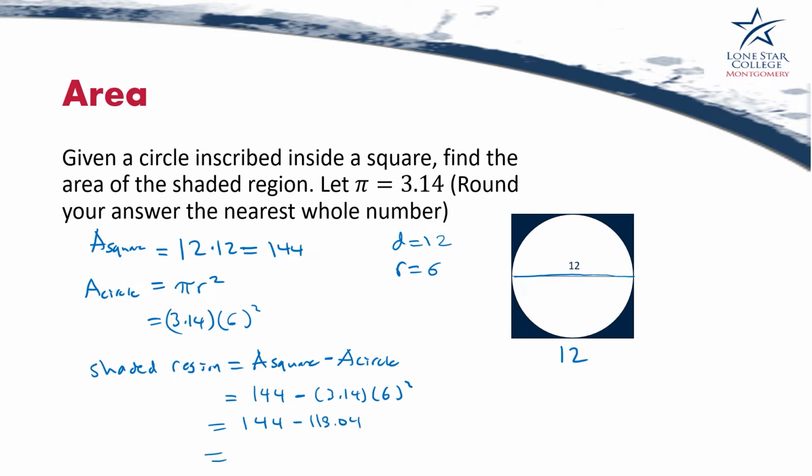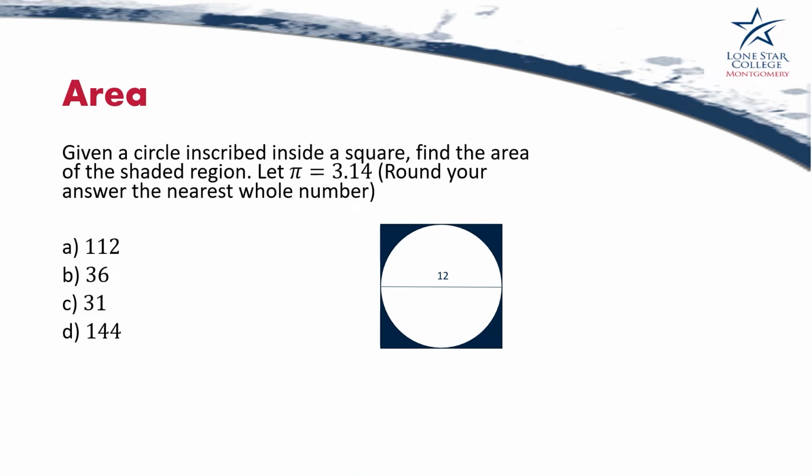So if we subtract those two, 144 minus 113.04 gets us 30.96. But they want you to round your answer to the nearest whole number. I get 31. So the area of the shaded region should be 31, which is answer choice C.